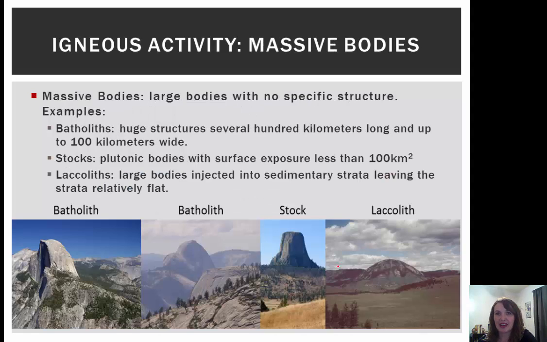Some of our massive bodies, which have no specific structure, are batholiths, stocks, and laccoliths. These are all relatively large bodies, and you can see examples of all of those down below.